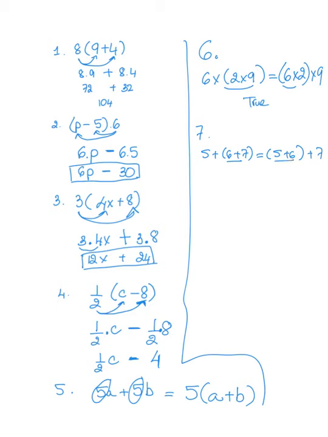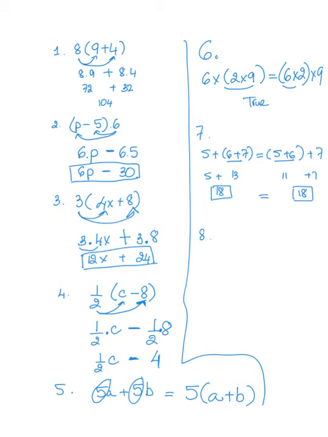So 6 plus 7, I have 13. 5 plus 13 is 18. This one, 5 plus 6 is 11. 11 add 7 is also 18. So they both are equivalent to 18.